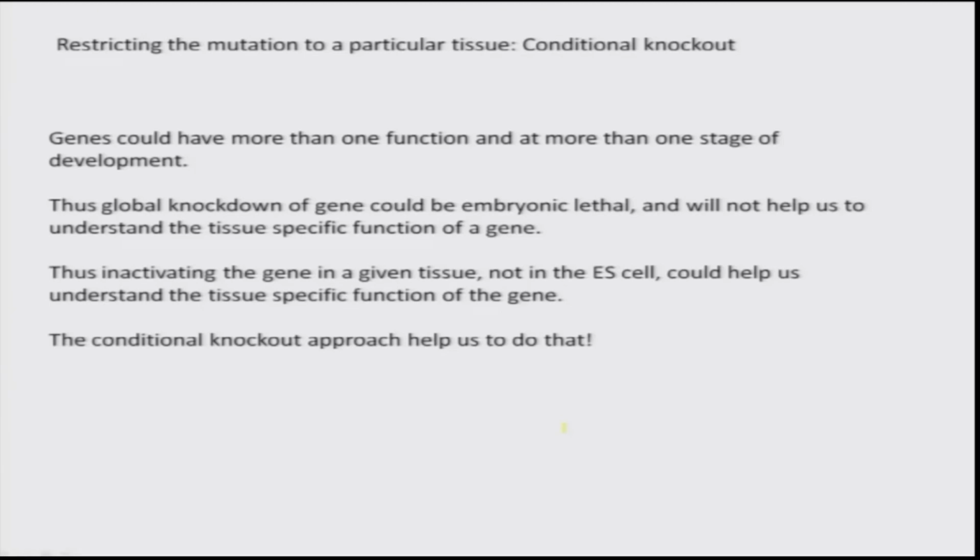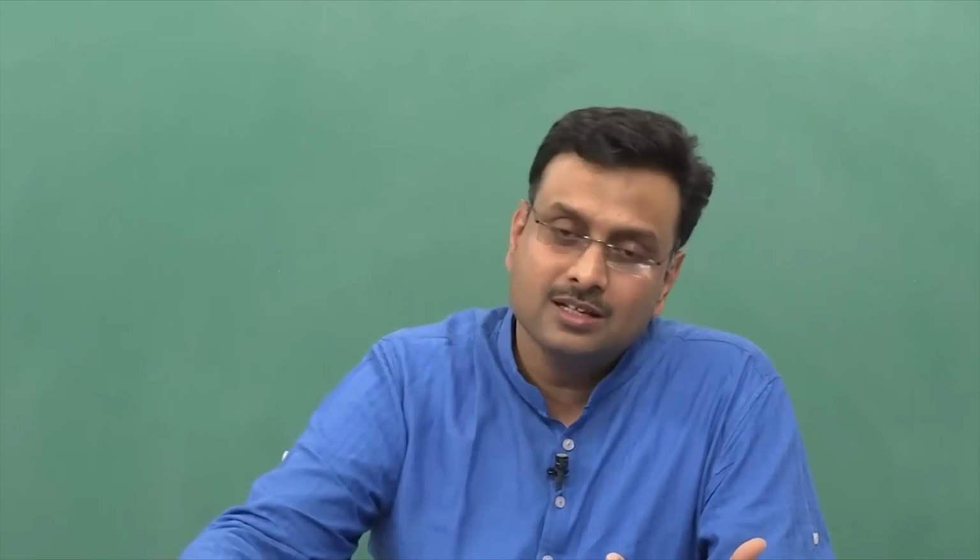One of the functions could be, for example, early embryonic development. The other function could be something very unique to, for example, brain function, neuronal function. So if the gene has a function in embryonic development and you have deleted that, then the embryo is not going to survive. So you will never be able to understand the function of this particular gene in the neuron.